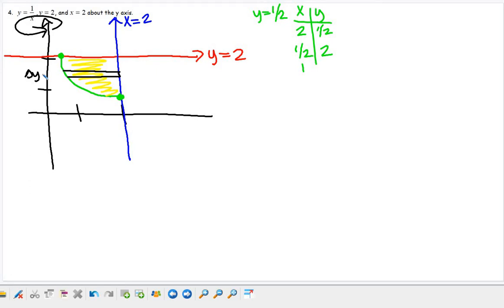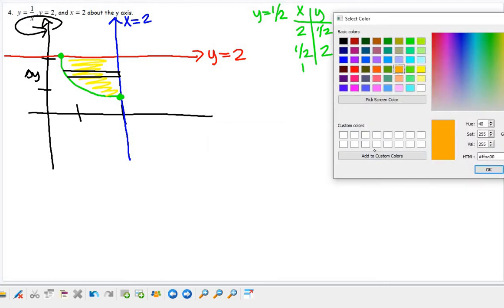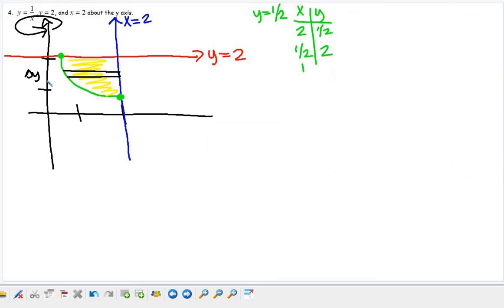Okay, but we have a problem because this time I can't define it as the function, because if I define it as the function, then it's talking about this distance here. That's what it will give me if I say my radius is 1 over y. Okay, but that's not what I'm looking for. I'm looking for this distance, which would be 2 minus the function.